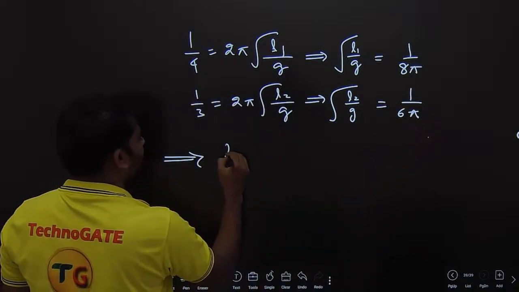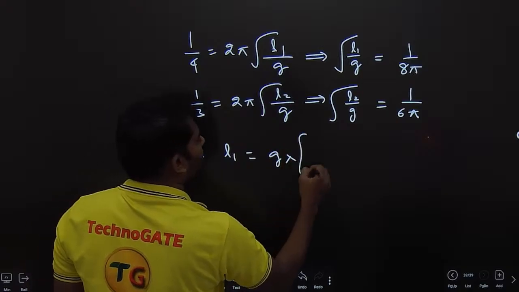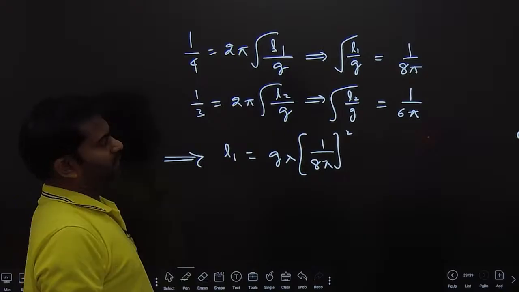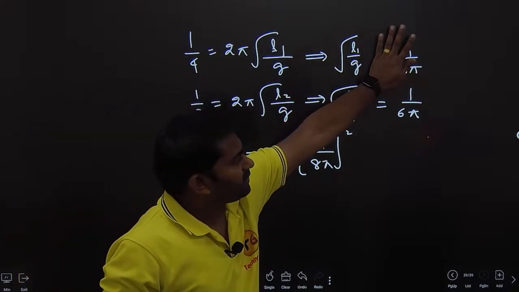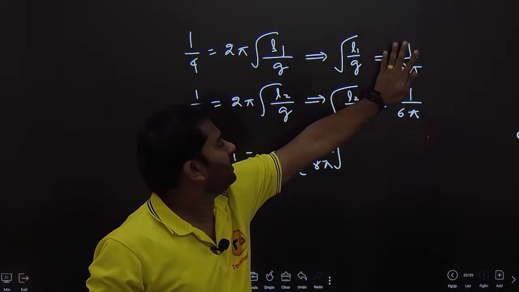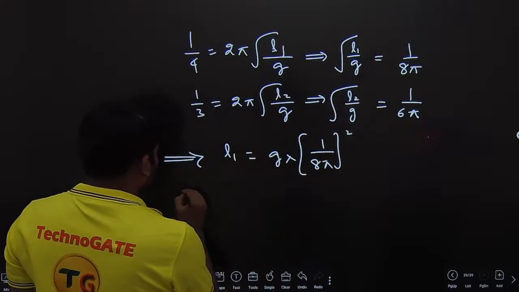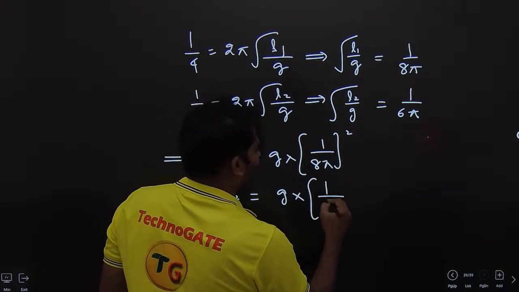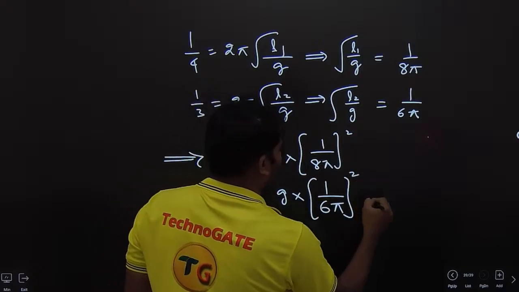This gives L1 is equal to G into 1 by 8 pi whole square, after squaring and sending G to the other side. Similarly L2 is equal to G into 1 by 6 pi whole square.